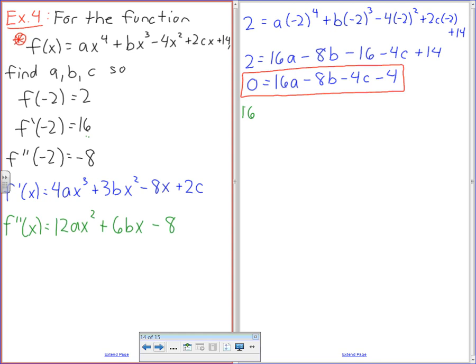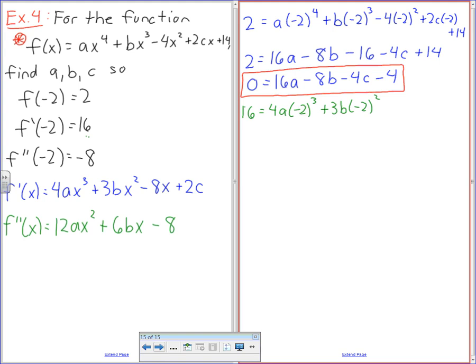Okay. So 16 equals 4A times minus 2, plus 3B times minus 2 to the 2, plus 8 times minus 2 times 2. So all we did there was, everywhere I saw an X, I subbed in a negative 2, and my Y value was negative 16.